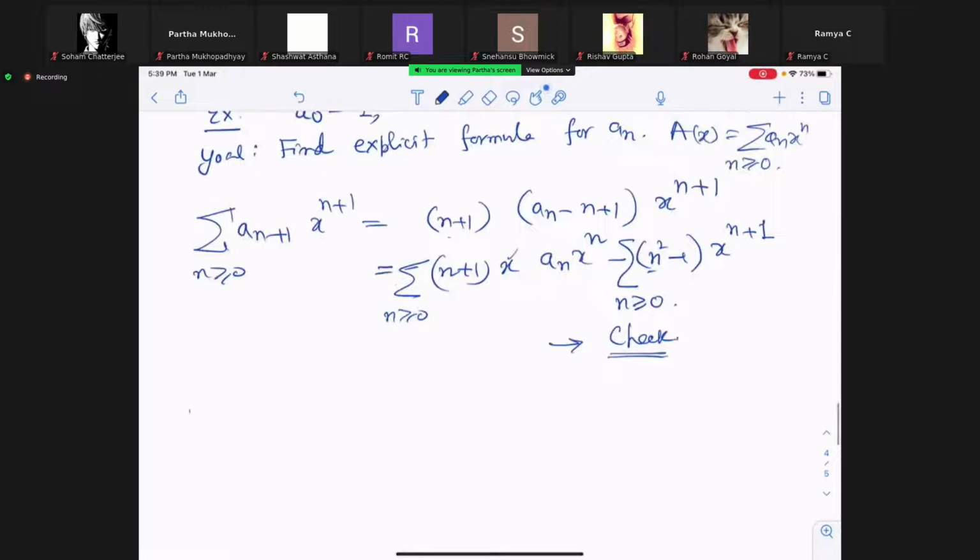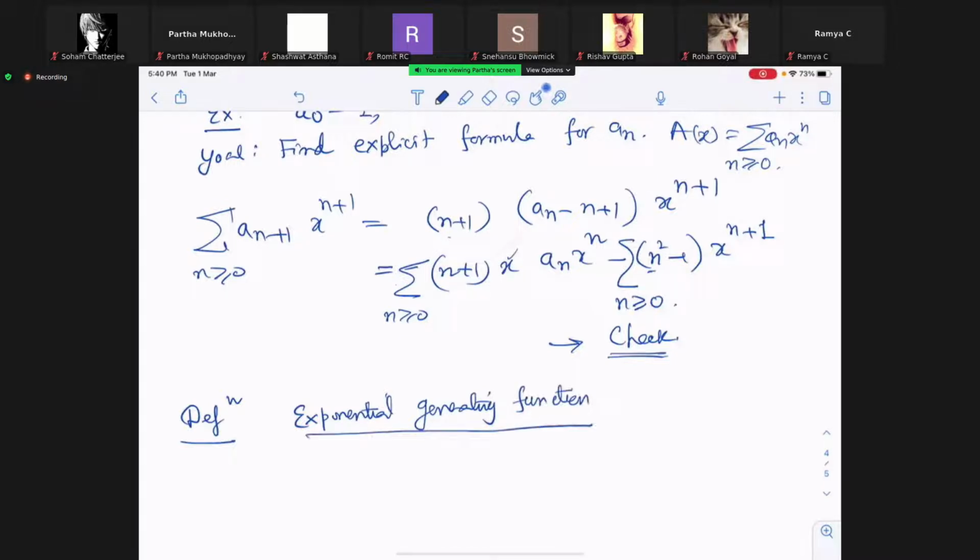Having these kinds of problems in mind, people have defined the notion of exponential generating function.